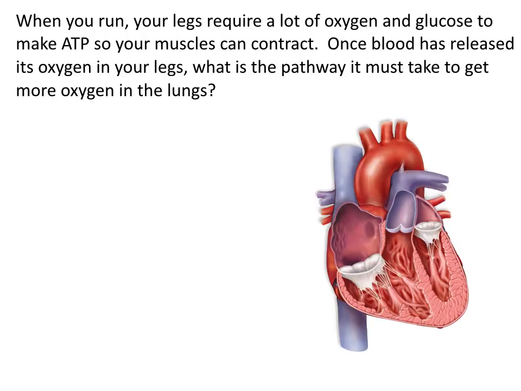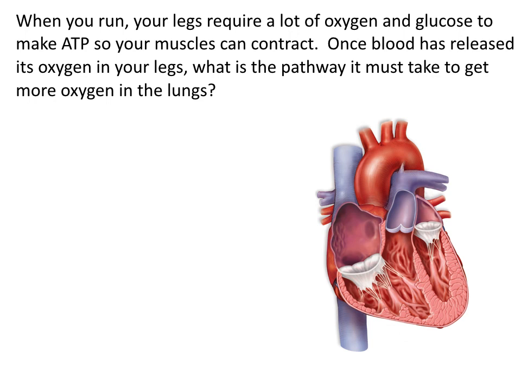Here's a little question. When you run, your legs require a lot of oxygen and glucose to make ATP so your muscles can contract. Once blood has released its oxygen to the cells of your leg muscles, what is the pathway it must take to get more oxygen in the lungs? Well, if your blood is in your legs, it gave your legs oxygen, so it's deoxygenated.